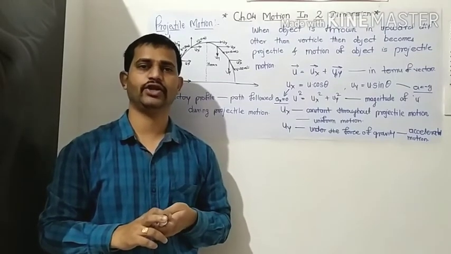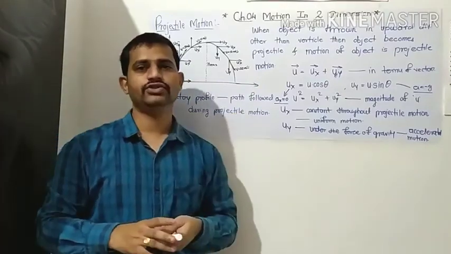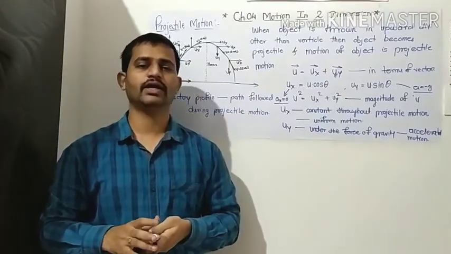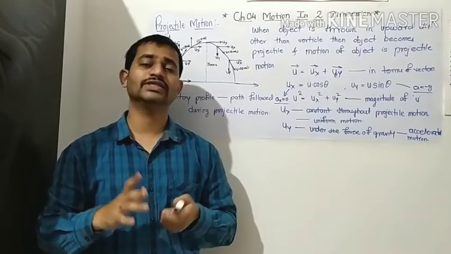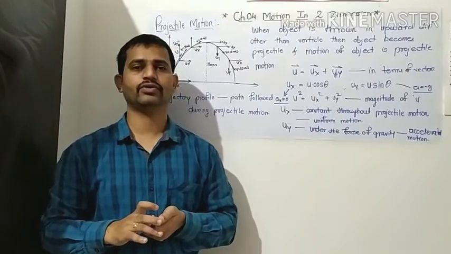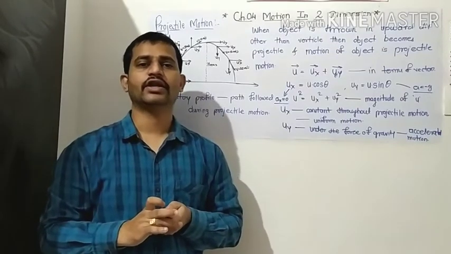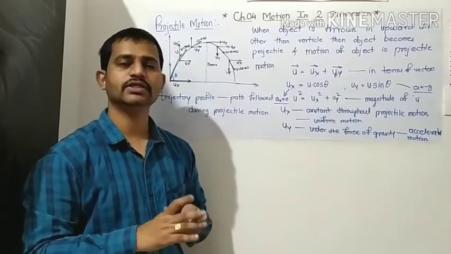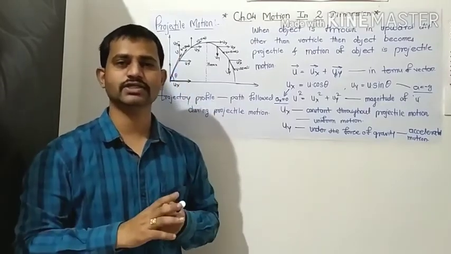In all this motion, one thing we have to remember is how much distance will be covered by that object, how much time is required to cover that motion, or how much is the range. Range means the horizontal distance that the object can cover, from the initial position to the final position.